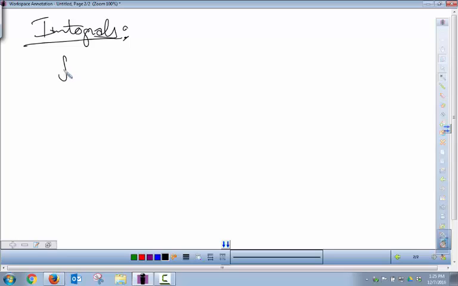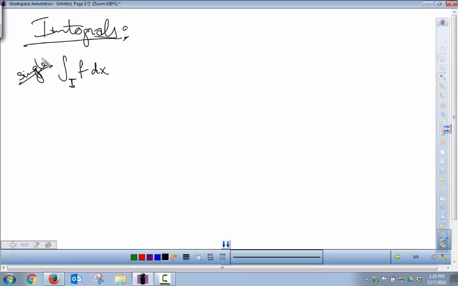And this time, though, I'm going to write a little subscript I. And I'll trim the notation a little bit to try to mimic the other types of integrals that we're looking at. So this is your single integral.